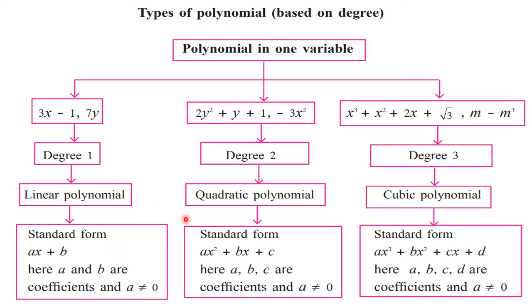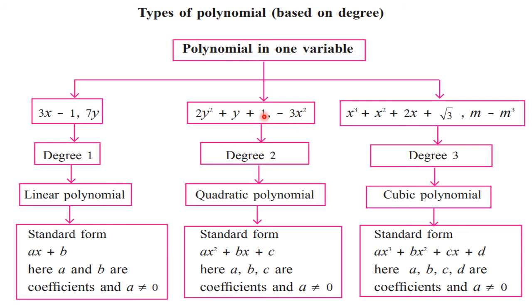Okay. The second type is the quadratic polynomial. So a quadratic polynomial is a polynomial in one variable where the degree of the polynomial is 1. I'm sorry, the degree of the polynomial is 2. You can see the examples here, 2y square plus y plus 1, and here minus 3x square.